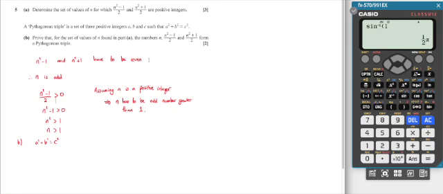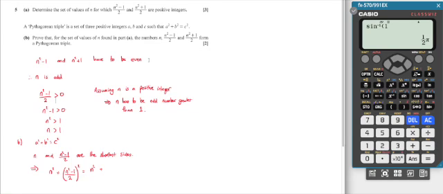So n and n squared minus 1 over 2 are the shortest sides. So therefore we're going to say, oops, that first one's not n squared, that's just n. So we are going to say n squared plus n squared minus 1 over 2. That's n squared. That needs to be squared.